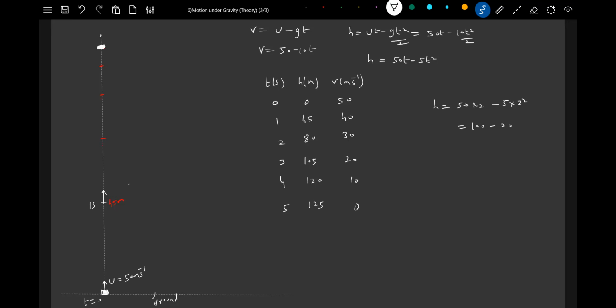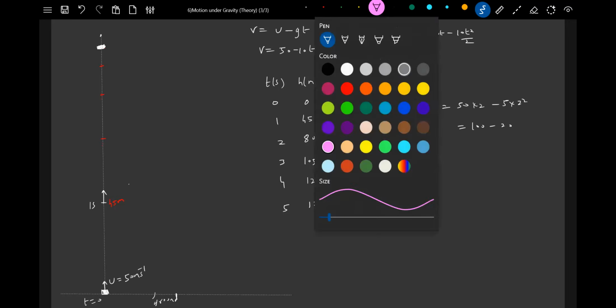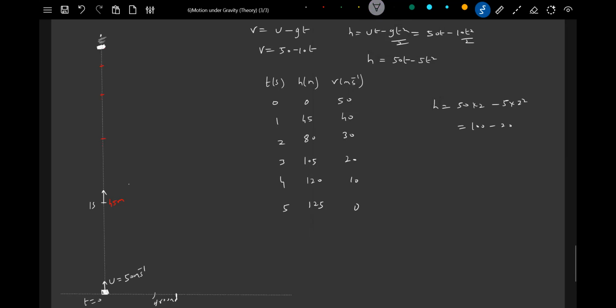Let me do one thing. Okay, these are the 45, 80 meter, 105 meter, 125 meter.